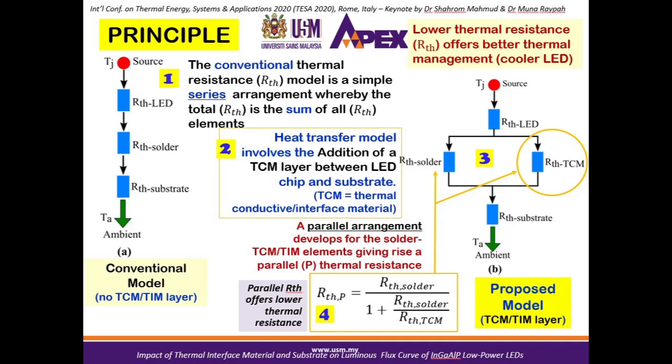So that is shown in item 3, where the RTH of the TCM layer and solder layer are parallel, and the value of the parallel arrangement is shown in equation 4, which will give a much lower RTH for this parallel arrangement, and the summation of all the RTH will give a total resistance which is much lower than the one in the conventional model.